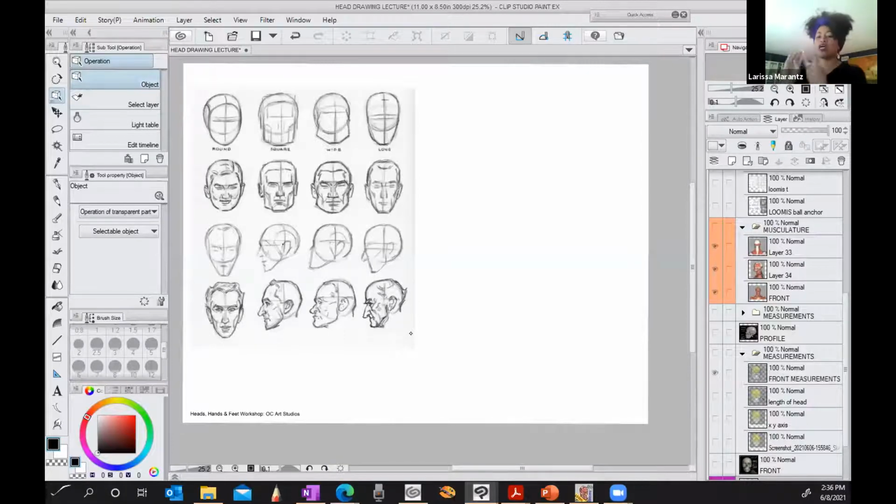I would draw it from the front, from the profile, and three-quarter front, which I'll show you in a minute. And the more you become aware of those proportions in just the average head, the more you are able to vary them when you're studying or drawing a portrait of someone else.